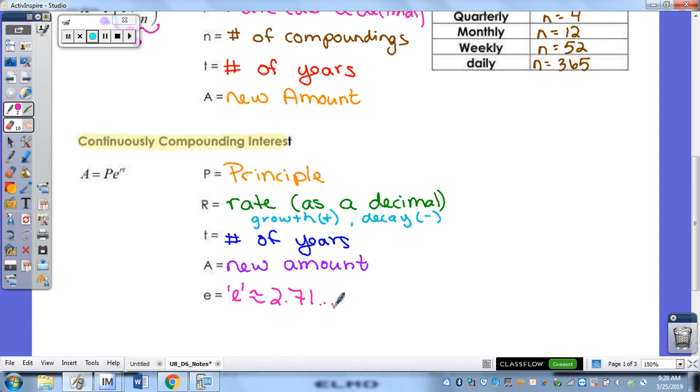And then E is just E. It's that button we learned about last time. It's in our calculator, which is approximately 2.71, so on and so forth. It's that irrational number we talked about last time. So those are the 3 formulas we're going to be using. We're going to go through some practice problems. Start learning how to decipher which of the 3 we want to use.